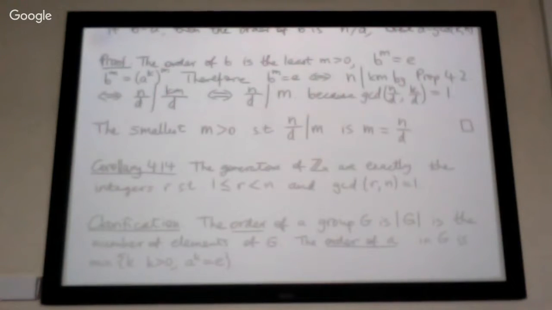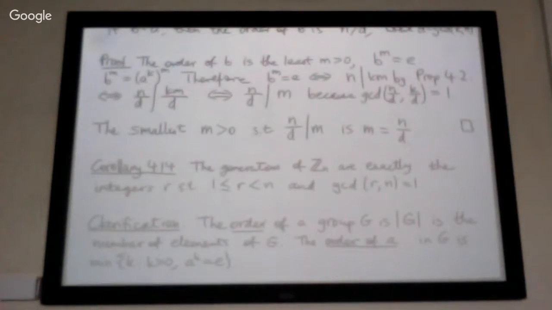Now, what are the powers of a? Well, a to the 1, a to the 2, 3, until you get to a to the order of a, and that's the identity. And then you start going again. So a to the order plus 1 is the same as a, a to the order plus 2 is the same as a squared, and so on.